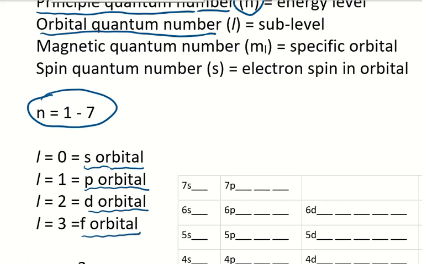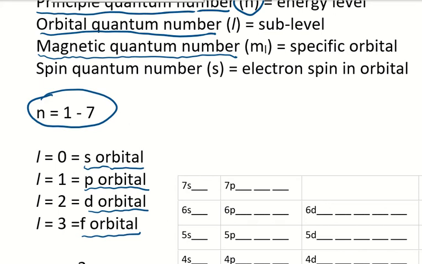It's 4. The orbital quantum number is literally just your sublevel. S, P, D, or F. That's it.